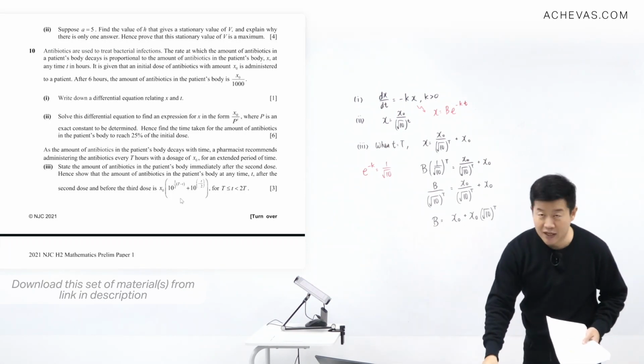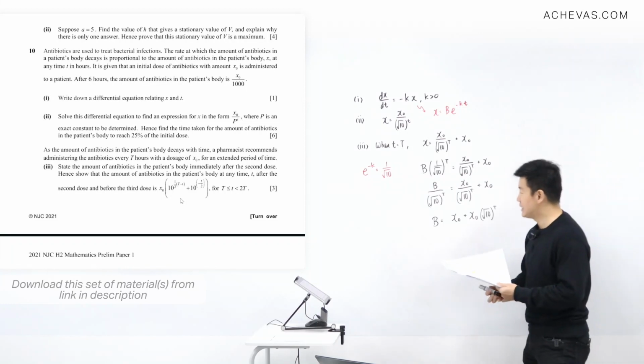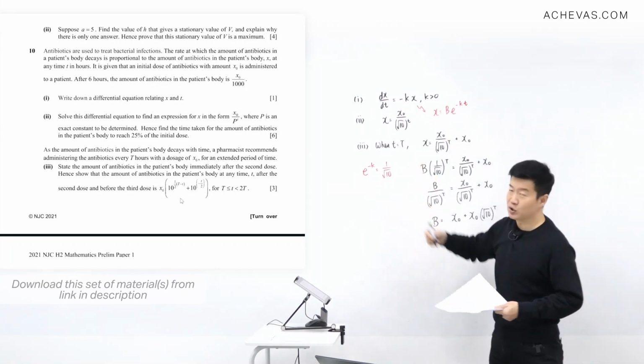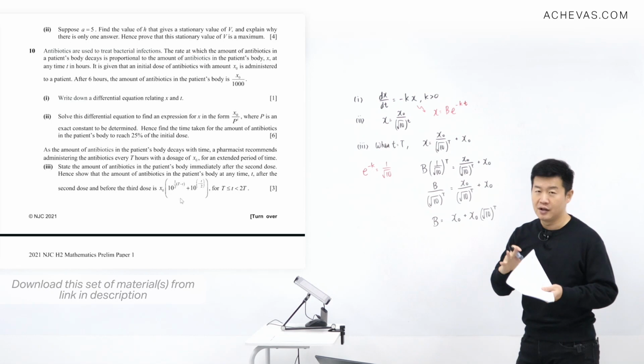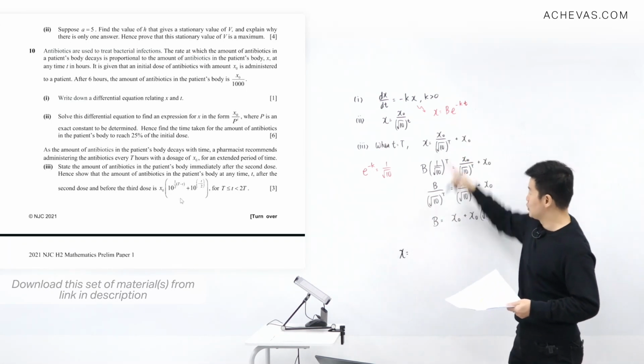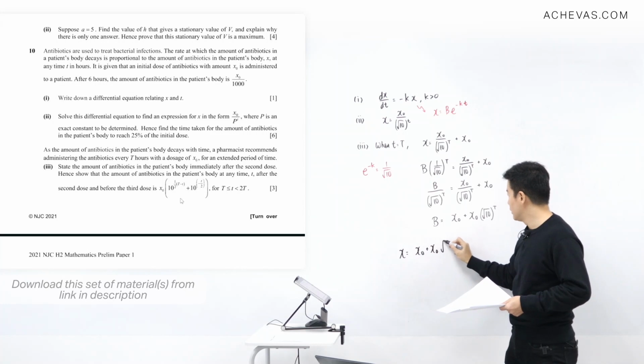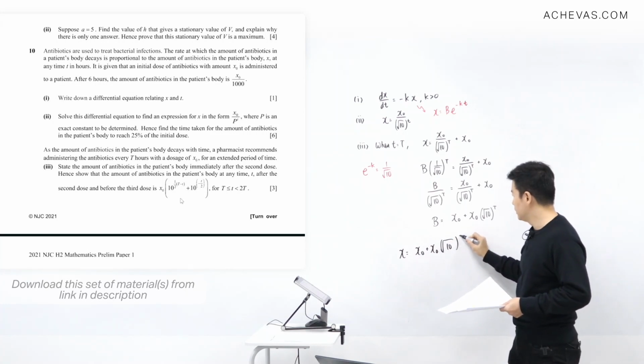So this is going to be the new b, which means that if this were to be the format of the solved differential equation, x is going to be equal to the new b, which is x0 plus x0 square root of 10 to the power of t.